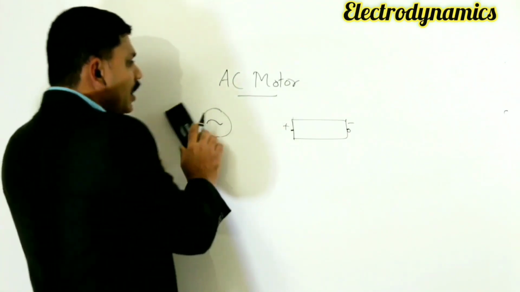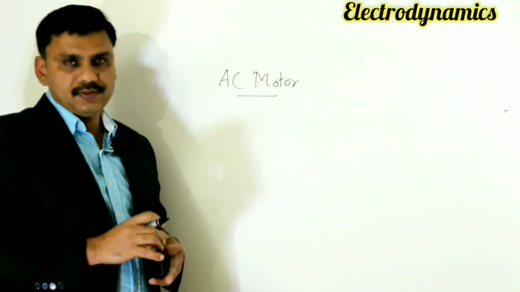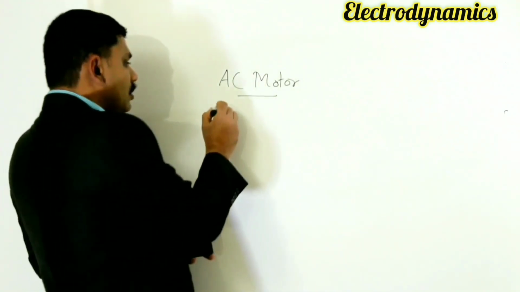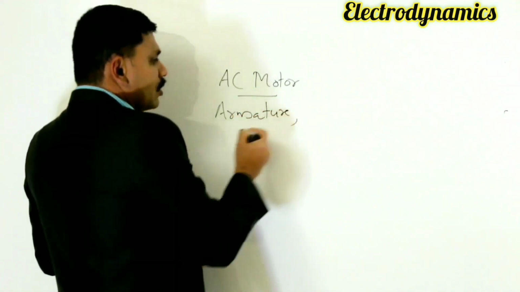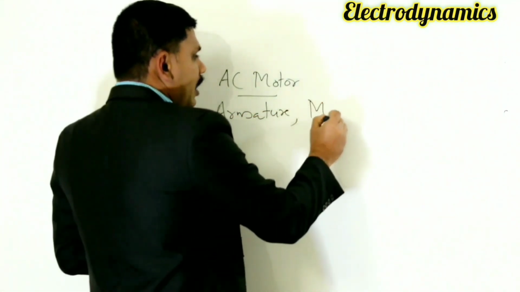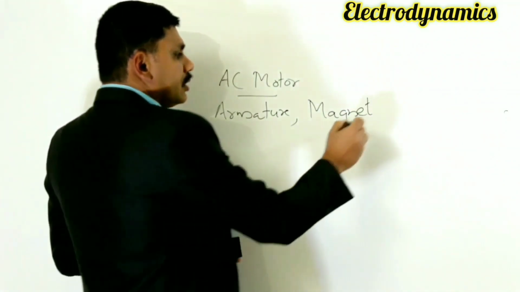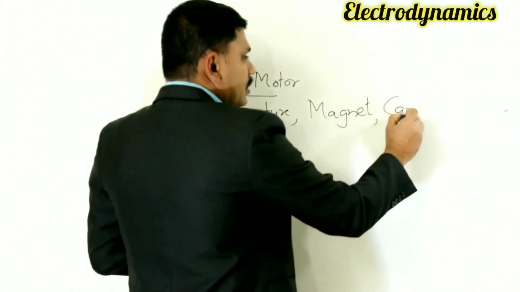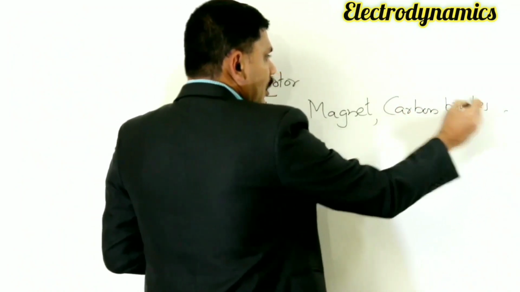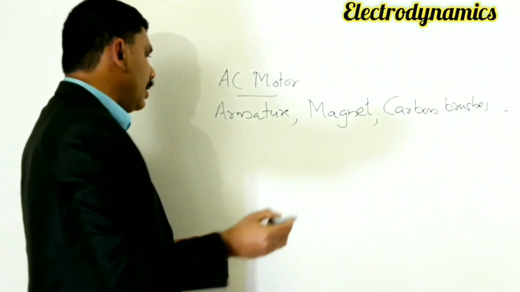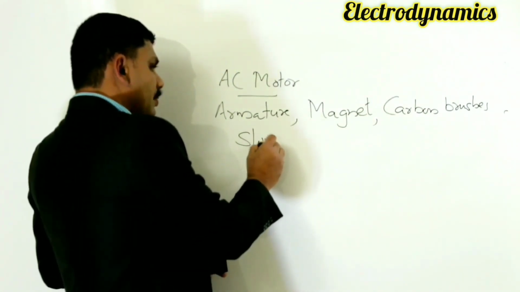AC motor works with alternating voltage. Which are the main parts? There is an armature, armature means a coil. Then there is a magnet, then carbon brushes, and the last one is slip rings.